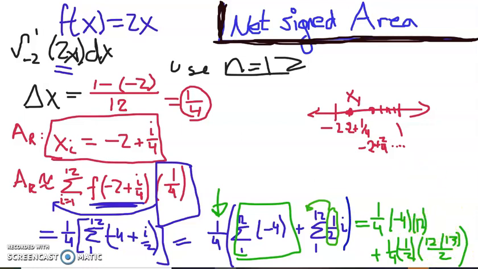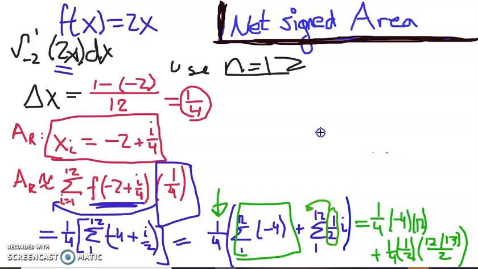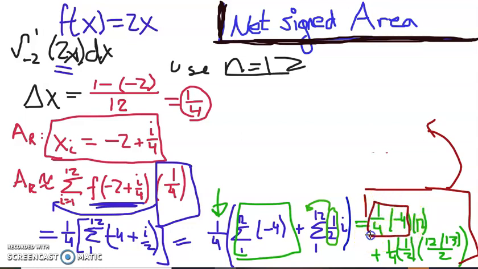Now we can simplify this a little bit. I'll give myself some space. Let's go back to red. Okay, so this is what we have so far. We bring this up here. 1/4 of -4, that actually is just -1.